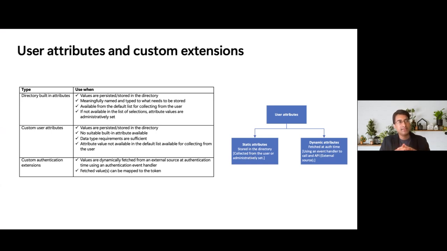Now, in some cases, you will find yourself in a place where you want to create custom attributes. For example, you want to have something like a particular account number. You may want to store specific details about the user that are not provided by the default attributes.